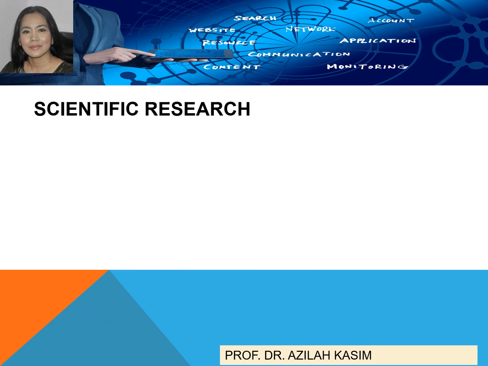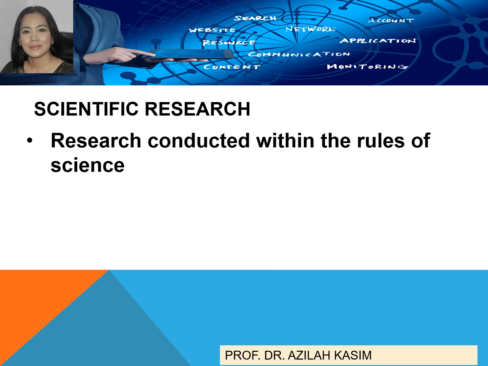Scientific research. Scientific research is conducted within the rules of science, and it is based on logic and systematic examination of evidence. Evidence here means the data that we get from our interviews, surveys, observations, or any of the methods that we have adopted for our research.